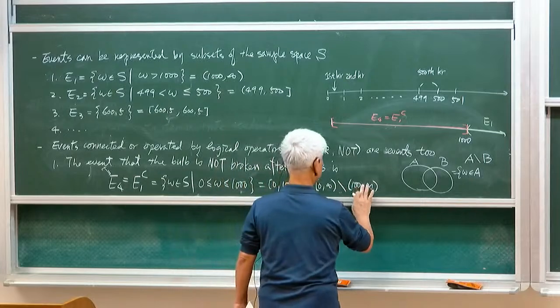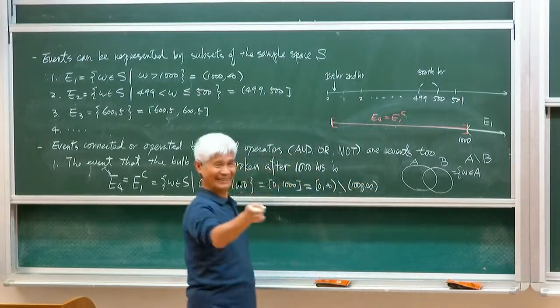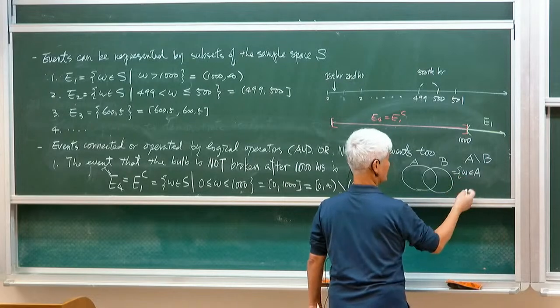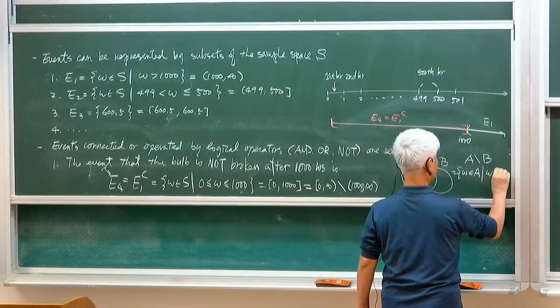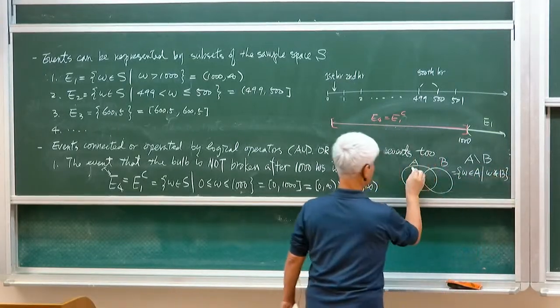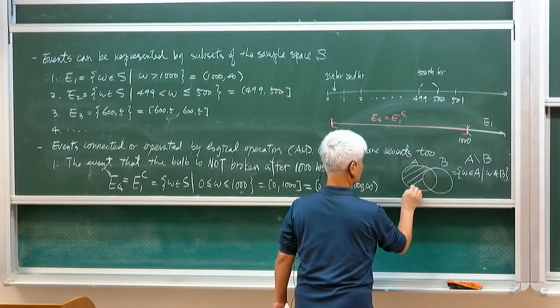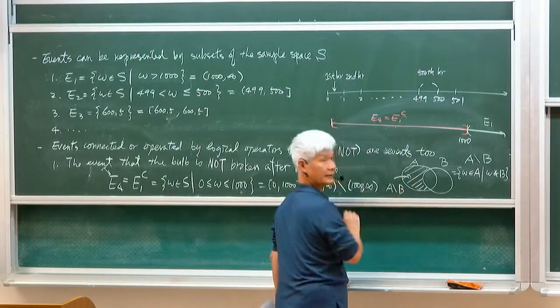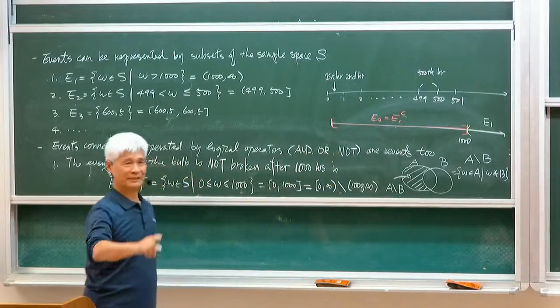Oh, yes, sorry, I'm so sorry. So that would be this one. This would be A minus B, yes. Yeah, I'm sorry.